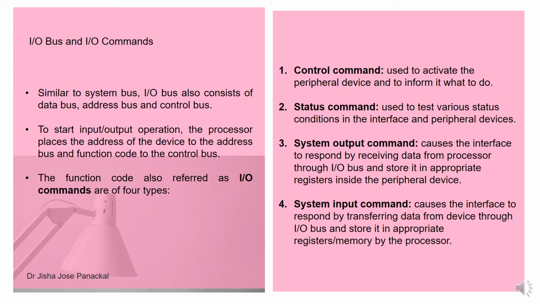The status command is used to test various status conditions in the interface and peripheral devices. The system output command causes the interface to respond by receiving data from the processor through the I/O bus and storing it in appropriate registers inside the peripheral device, so it causes the output operation of the system.